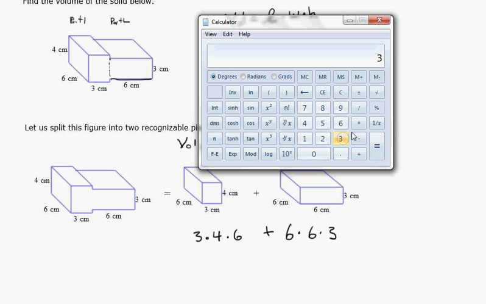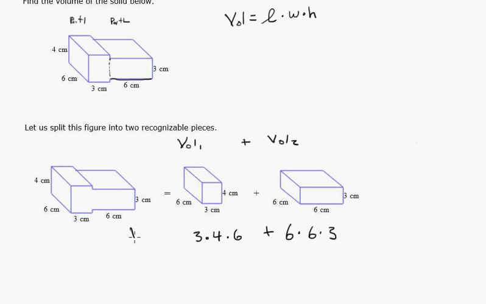I can say 3 times 4 times 6 plus 6 times 6 times 3. So I get 180. So the volume is equal to 180, and these would be cubic centimeters, because it's centimeter times centimeter times centimeter.